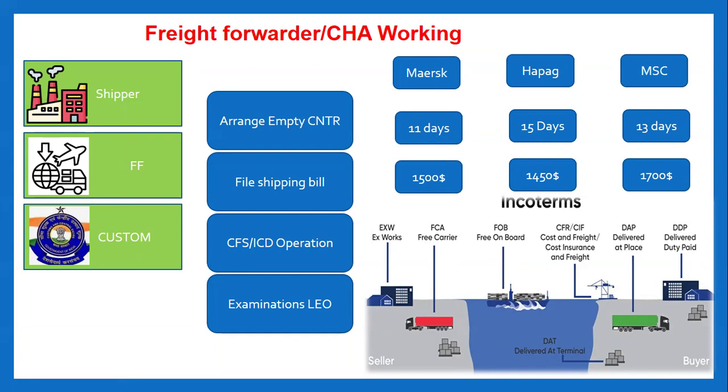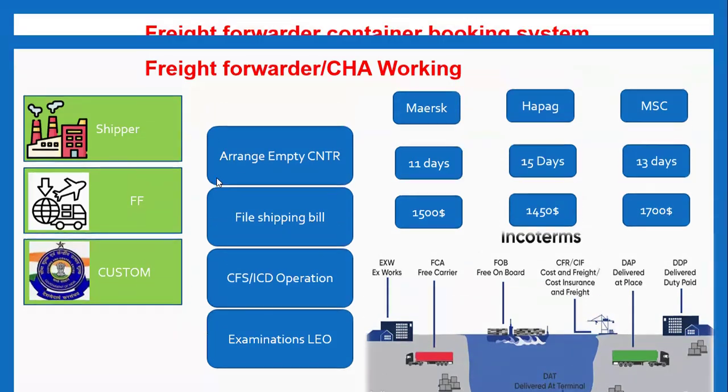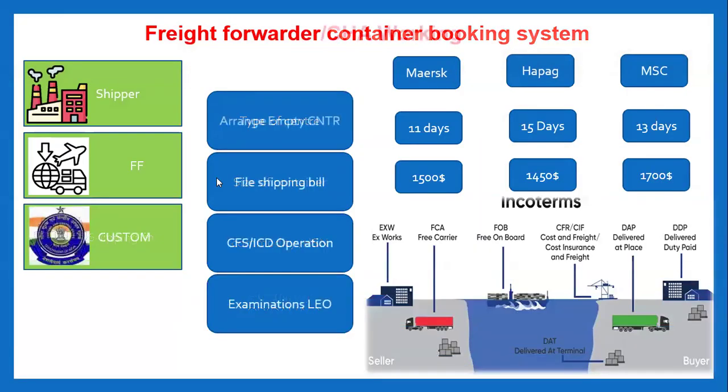The Freight Forwarder then gets approval from the customs, and customs will generate the shipping bill for the Freight Forwarder. These shipping bill numbers need to be mentioned at the time of entry in the customs.